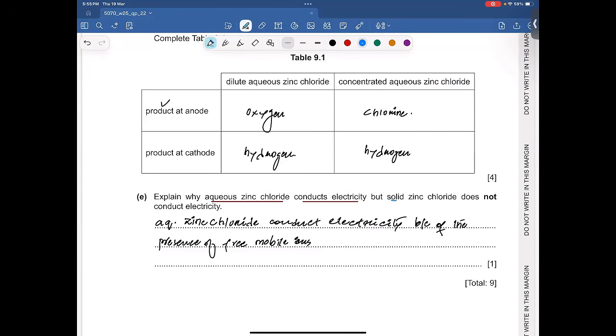In solid, they cannot conduct due to the absence of free mobile ions. Okay.